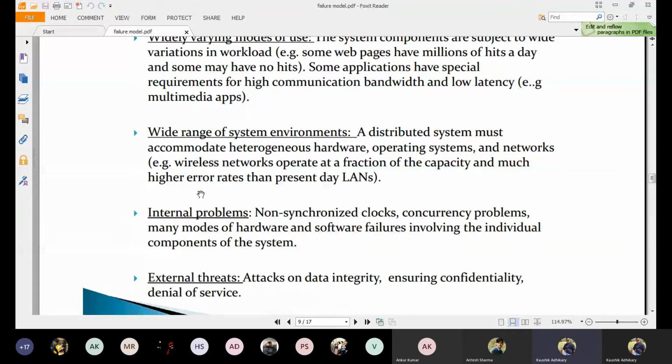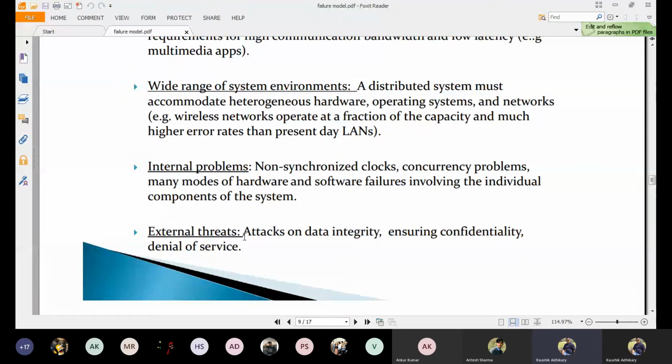There are some internal problems also, that are non-synchronized clocks. We cannot synchronize the clocks in a distributed computing system. Concurrency problems, and many modes of hardware and software failures involving the individual components of the system. Similarly, there can be external threats, that are attacks on data integrity, ensuring confidentiality, and denial of service.